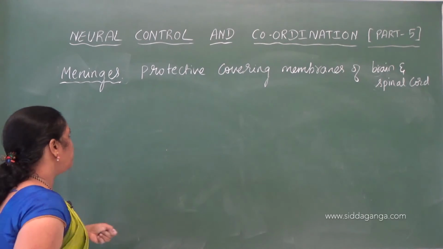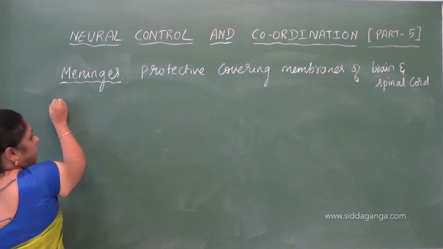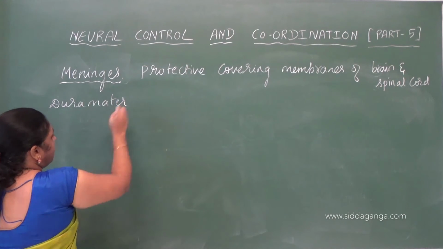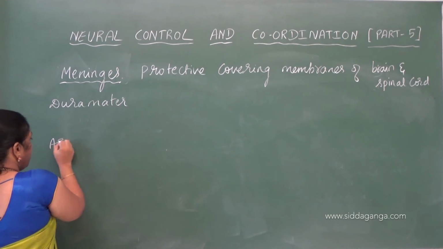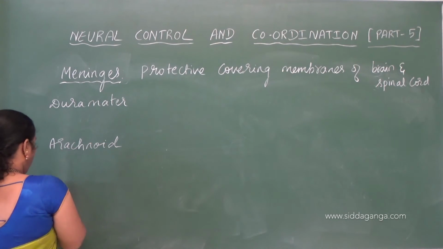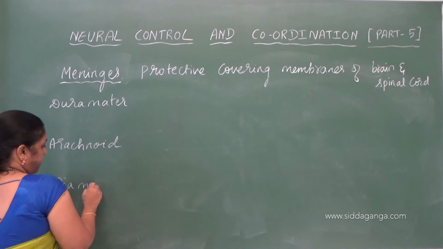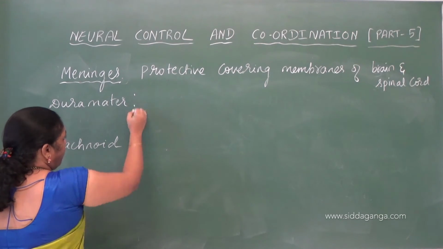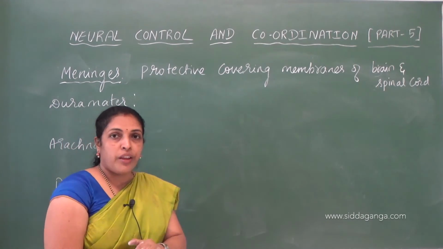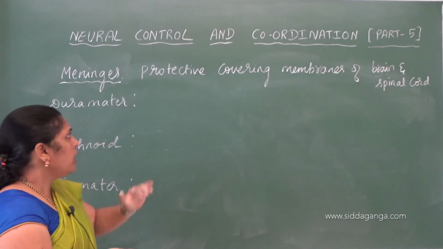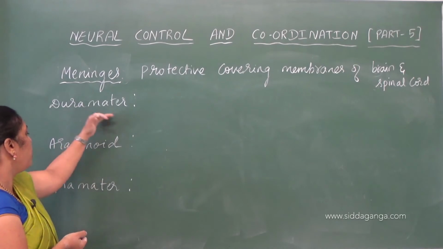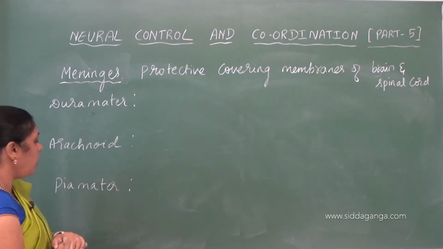We have three types of meninges: one is dura mater, another one is arachnoid mater, and another one is pia mater. These three meninges supplement the function of bones in protecting the brain and spinal cord. So we have three meninges: dura mater, arachnoid mater and pia mater.